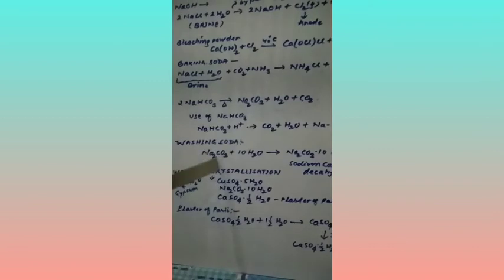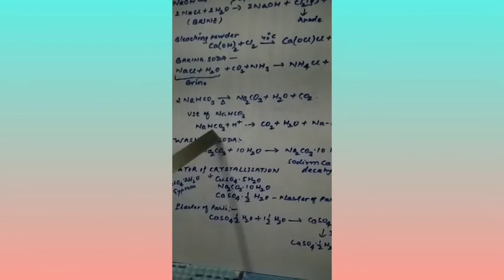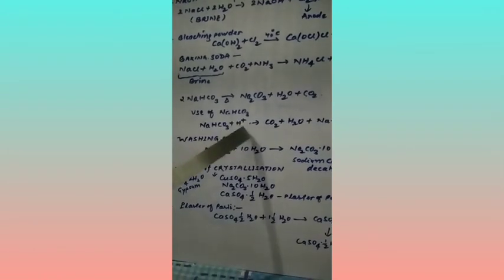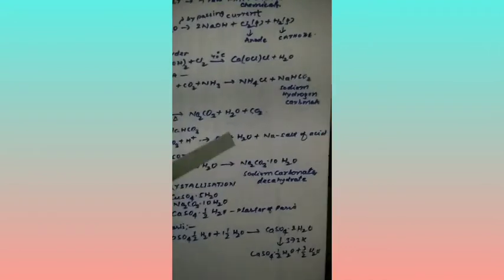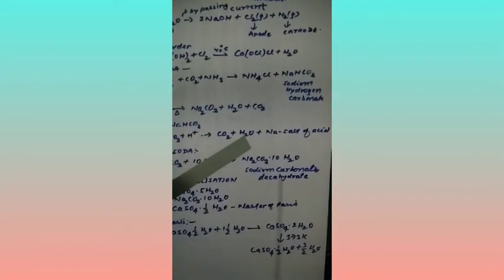Now this sodium bicarbonate, we have already said, is used for making baking powder. How can baking powder be prepared? Baking powder is prepared by adding mild acid like tartaric acid to sodium hydrogen carbonate, that is baking soda, to form baking powder.